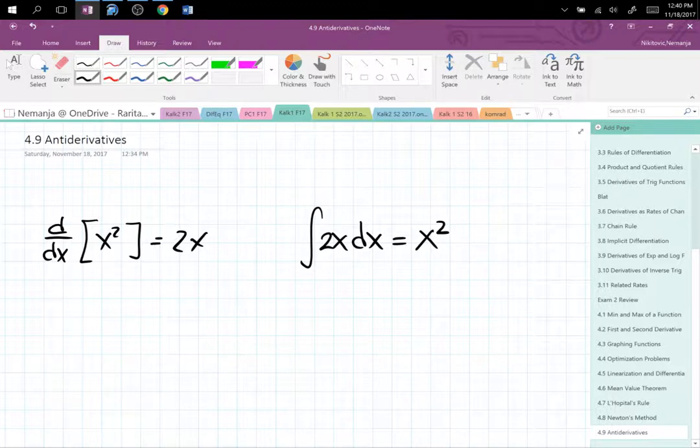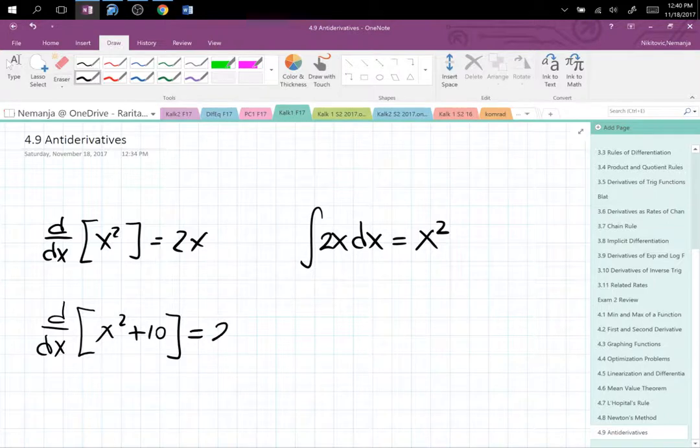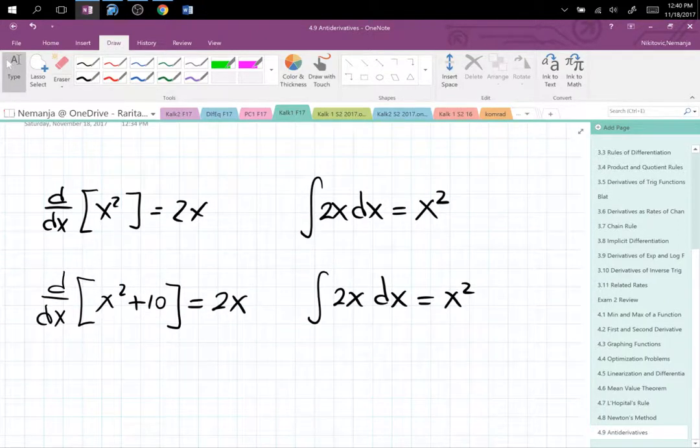Now, I told you there is more to this. What is the derivative of x squared plus 10? 2x. And if I integrate 2x, I'm going to get back my x squared, right? So you see that in this case it was plus 0, so no harm done.